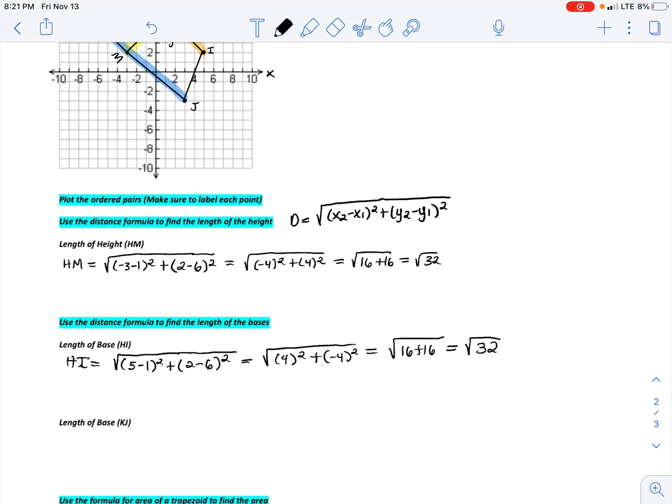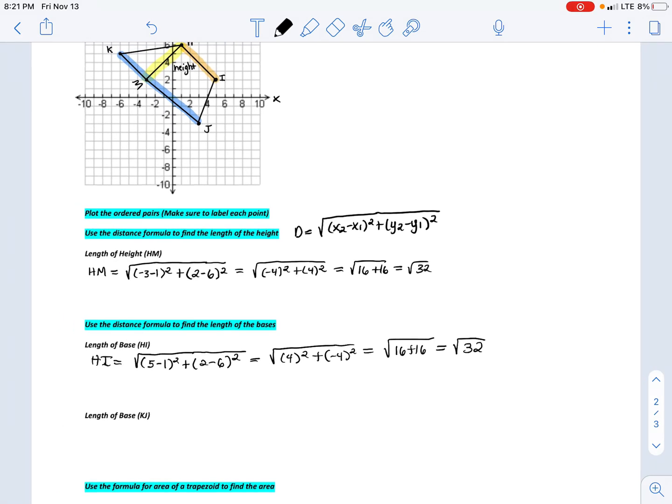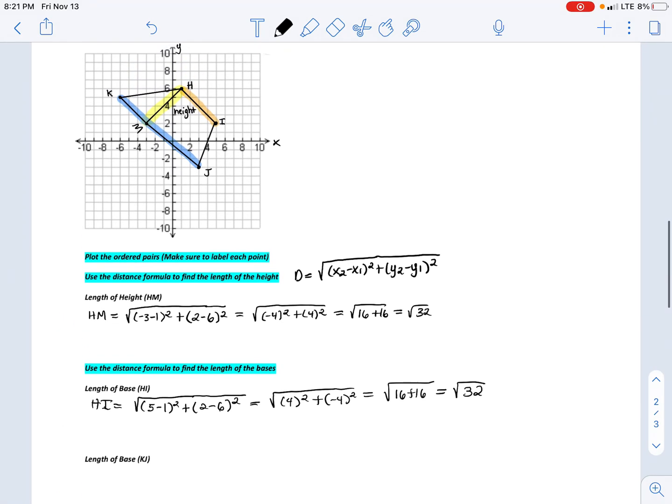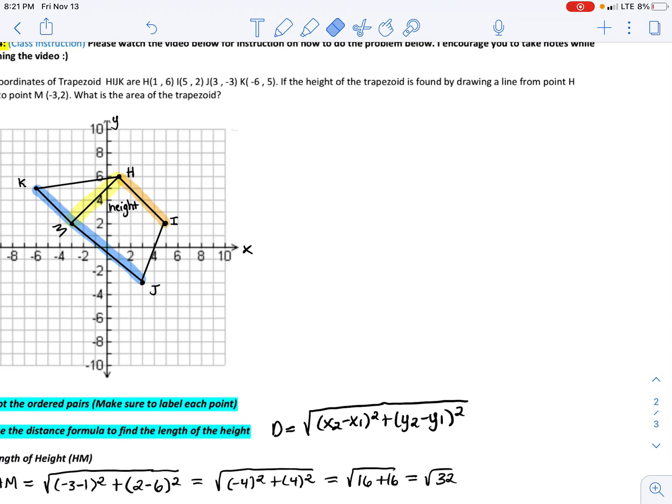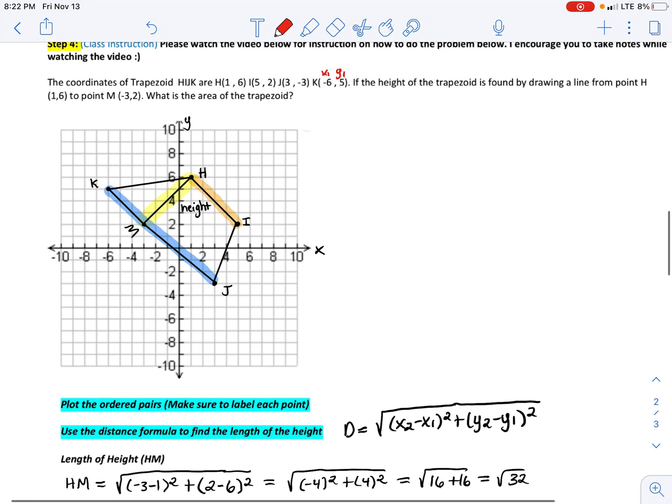And so now I want to find the length of my base KJ, so I'm going to go back up here and label my points K and J. So K is x1, y1, and then J is x2, y2.